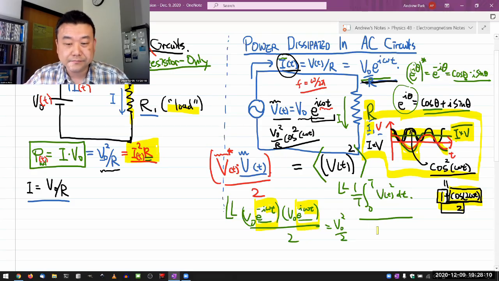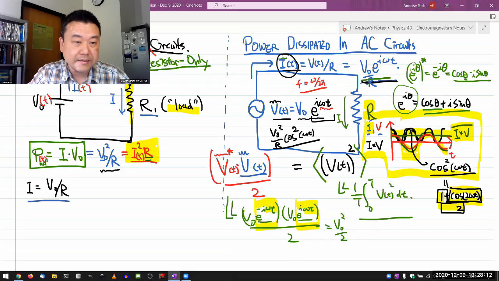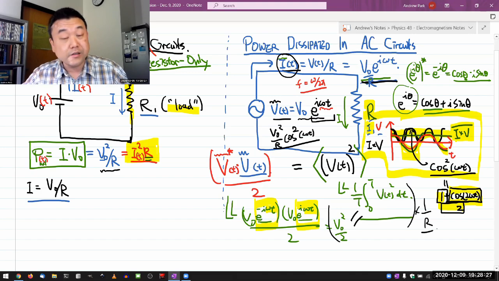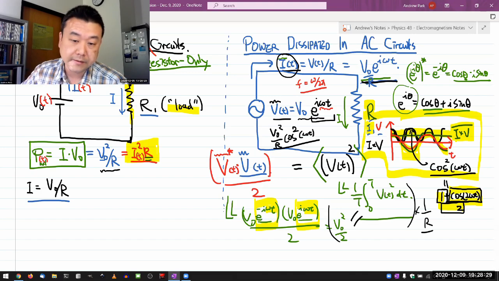And this is equal to the time average that you can get if you calculated that. And if you imagine taking this, multiplying by 1/r, that'll give you the average power dissipated.